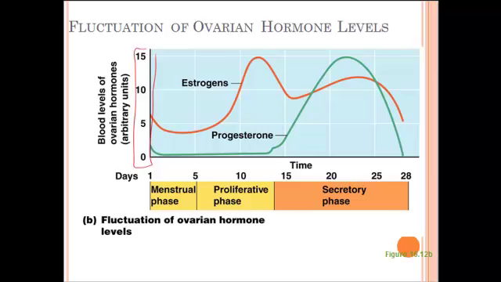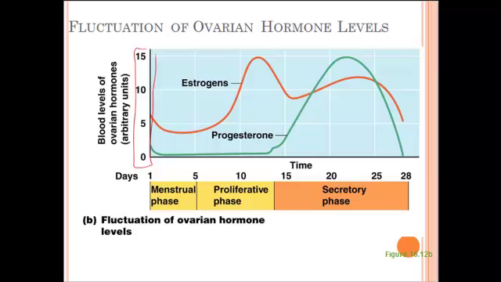Then day 15 to 28, after the proliferative stage, the progesterone begins to rise, and it's going to peak towards the middle of this stage. The estrogen is going to drop, have a small rise again, and then drop again.